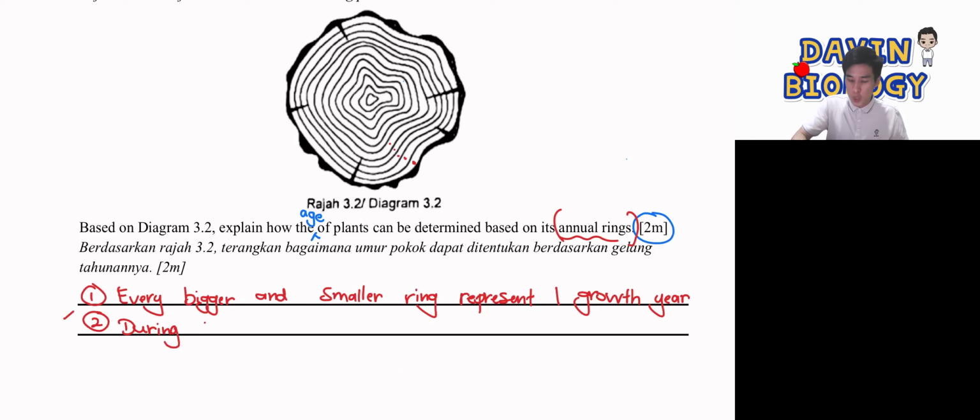For instance, during spring, yes, I know there is better weather, there's more secondary growth, but since it's just 1 mark, you just say larger or bigger, actually bigger and brighter xylem tissues are formed.